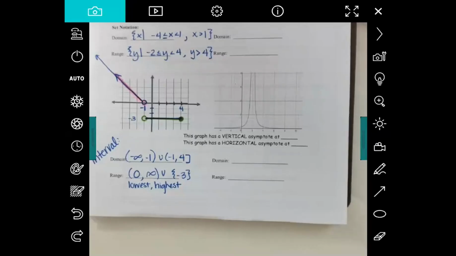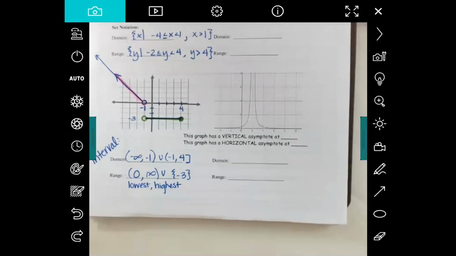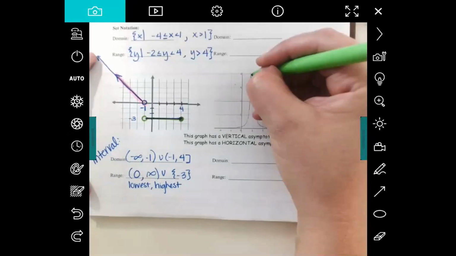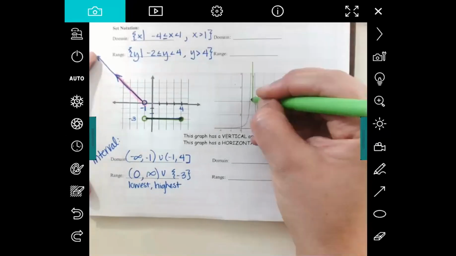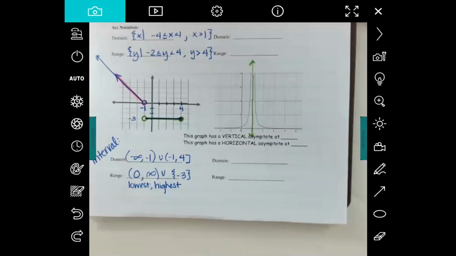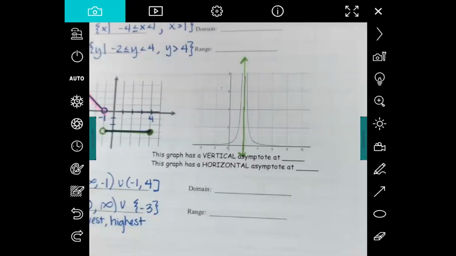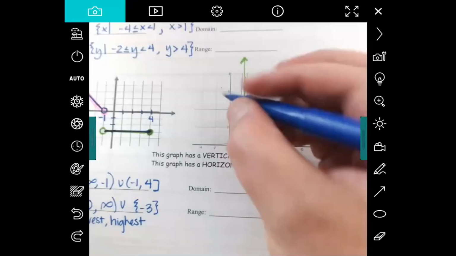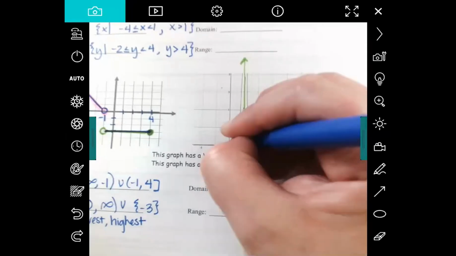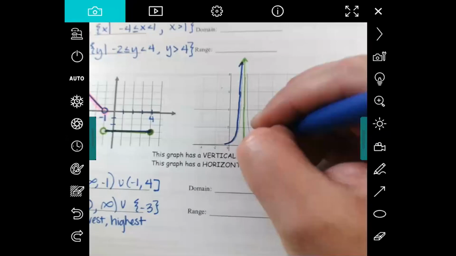So what this says is I have a vertical asymptote. Okay, that would be this line here through the middle that my graph has to avoid at all costs. So what you're going to notice is that your little curves here are going to get really, really close to that line as I come in closer here, but they can't ever actually go past that green dot, or that green line.